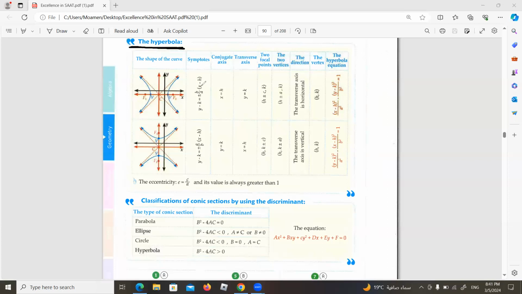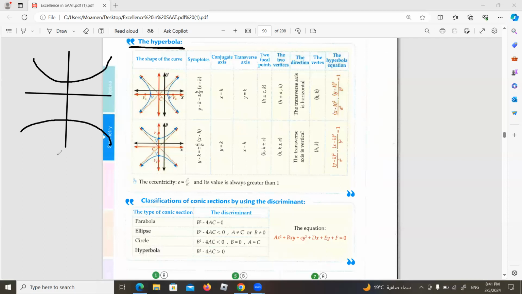First, the hyperbola. If we talk about the hyperbola, we will talk about two curves. If we have x and y, we'll have two curves, a curve here and a reflection of this curve. This is called the hyperbola.